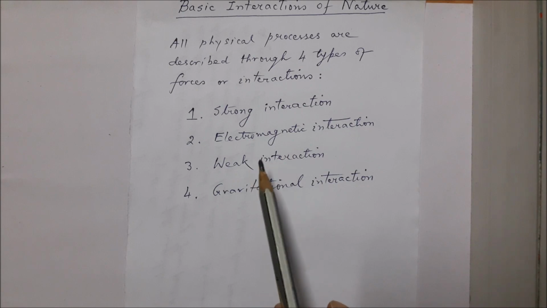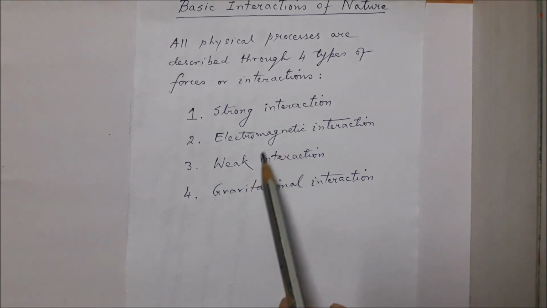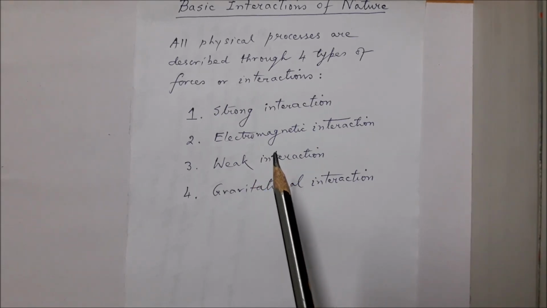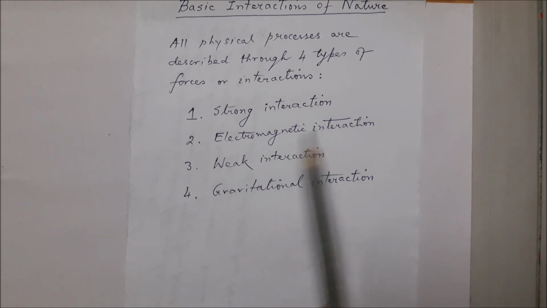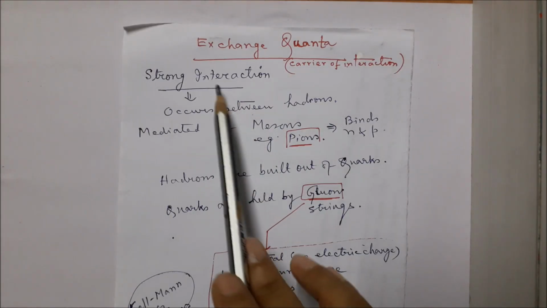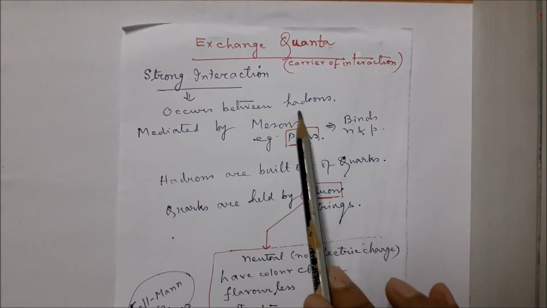Earlier, at the outset, we spoke of the quantum picture, where we saw that two particles require a communicator or a mediator or an exchange quanta to communicate. Now strong interaction occurs between particles called hadrons.